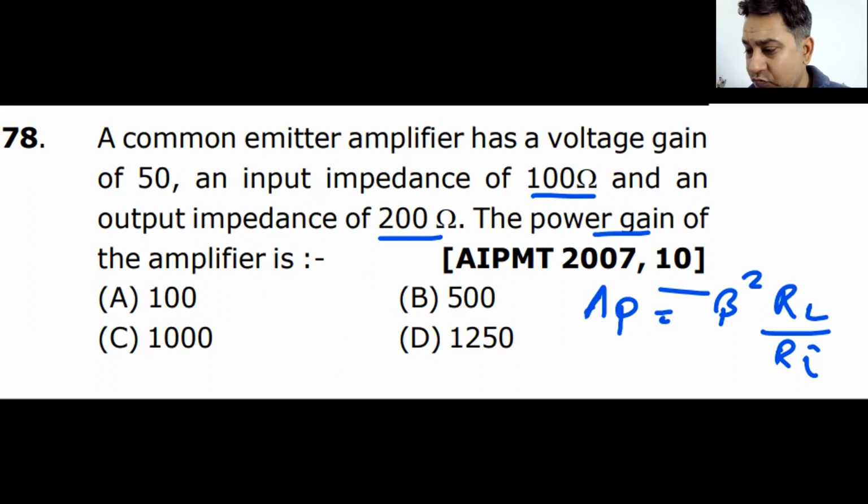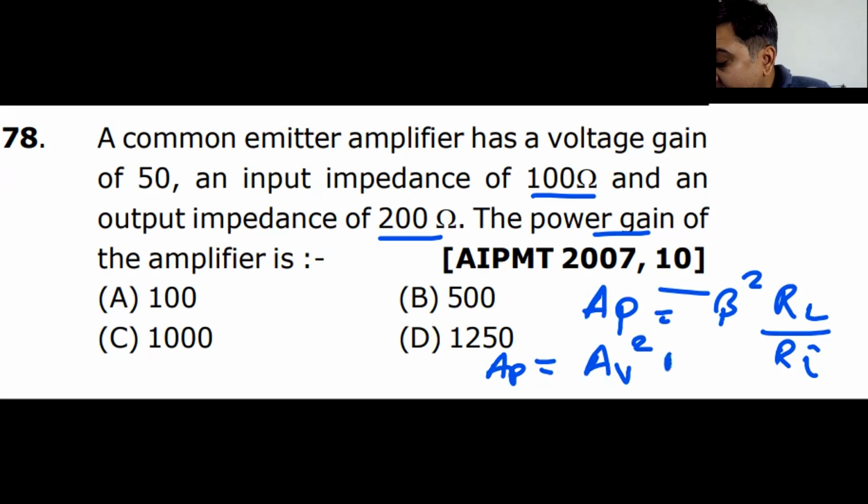This formula: the power gain AP is also equal to voltage gain squared, and then we reverse RI and RL, so it becomes RI divided by RL. Yes or no? Yes, sir.